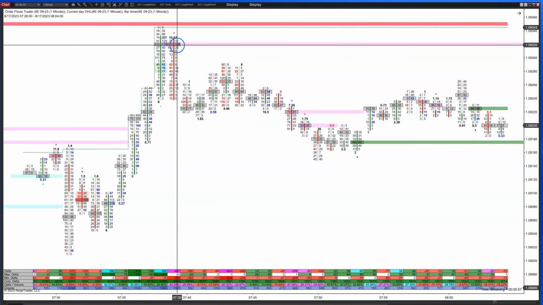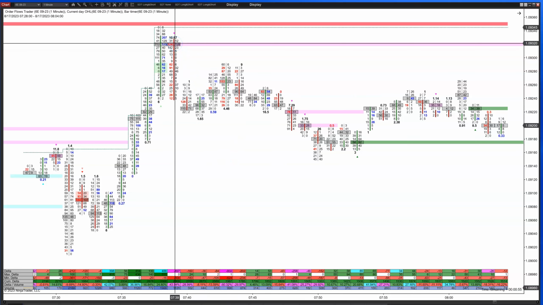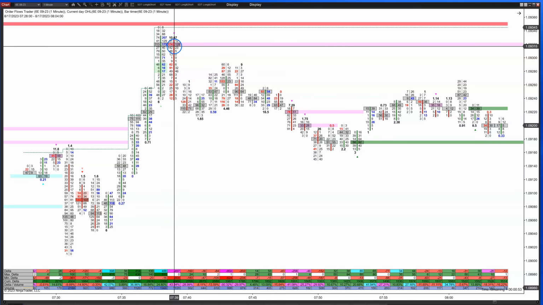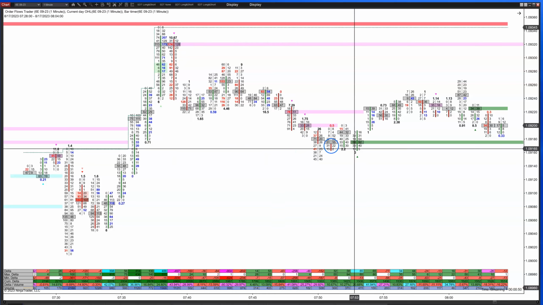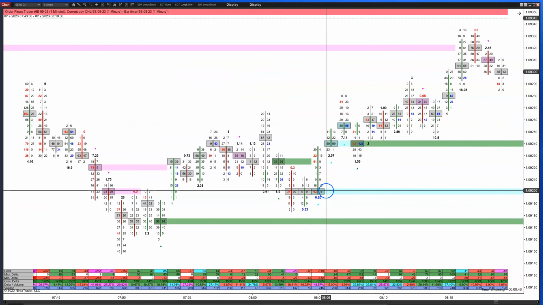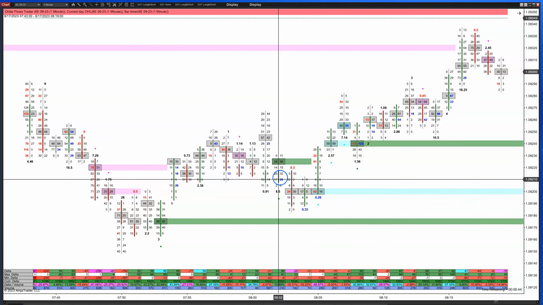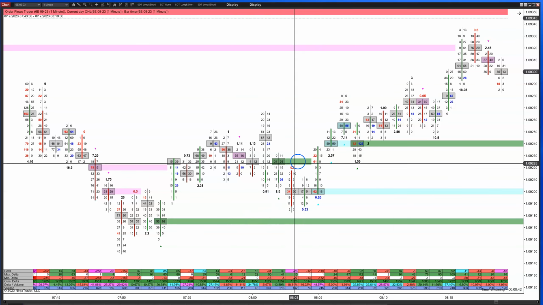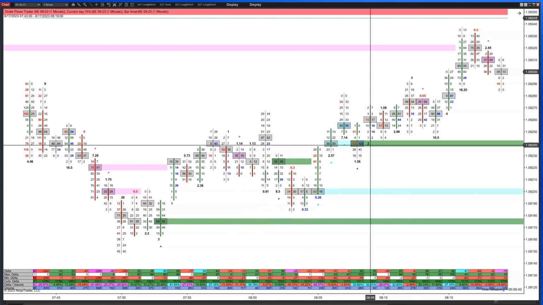Now, you'll see if it's this magenta, that's a bearish prominent point of control. Cyan would be a bullish prominent point of control. This green line is what we call a slingshot point of control. This is another form of point of control analysis.